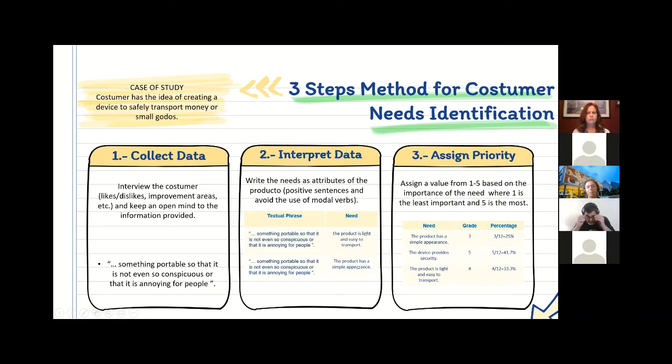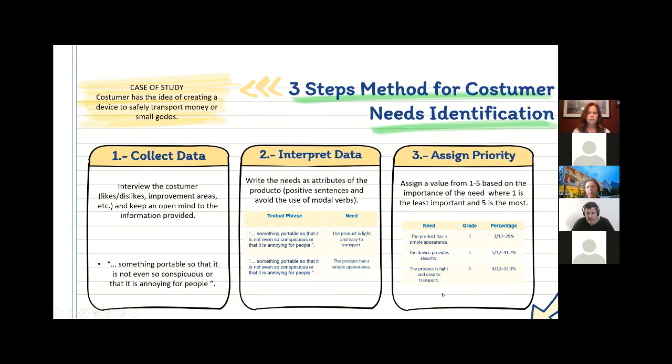So now that we have the needs in positive sentences and also as attributes of our product, it is easier for our team to assign a priority level so that we have a better understanding of what needs we have to focus on the most. So for example, here we have to assign a value from 1 to 5 based on the importance of the need, being 1 the least important and 5 the most.